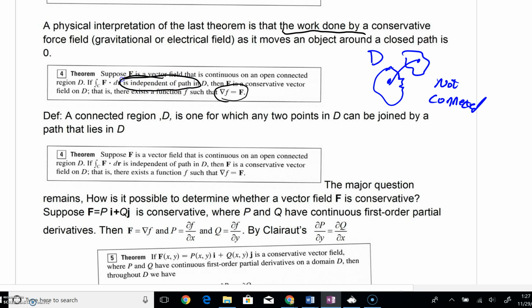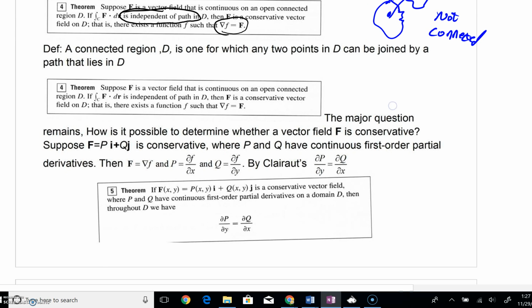Even though this is true, imagine how hard it is to show independence of path. To show independence of path, you'd have to think of any two curves that have the same beginning and ending points, and you'd show that you'd always get the same line integral. You'd get the same integral value. That's really hard to show. It's a true theorem, but it's not really useful to us at this point.